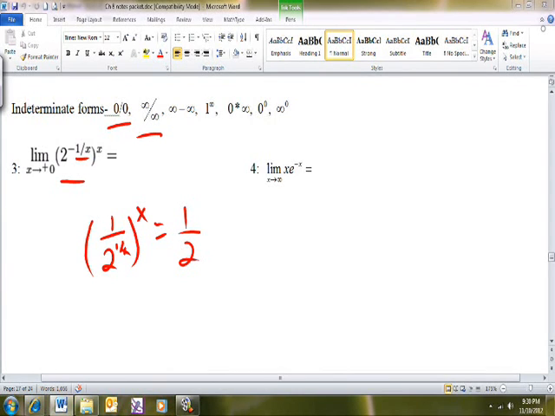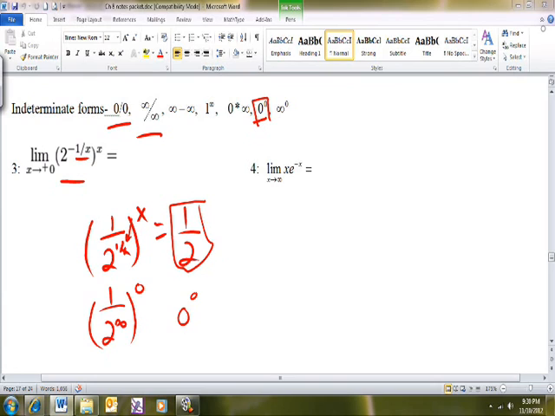But if you try to plug in the 0 directly, 1 over 0 from the right ends up being infinity. So you get 1 over 2 to the infinity raised to the 0. So we have a 0 raised to the 0, which is an indeterminate form, which means I could use L'Hopital's rule. But rules of powers allow me to multiply, so we end up with our 1/2 anyway. But this is an indeterminate form if you try to do it directly.